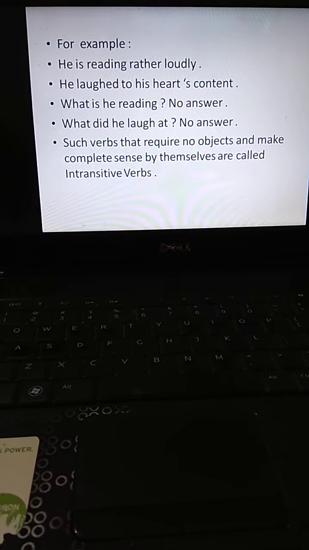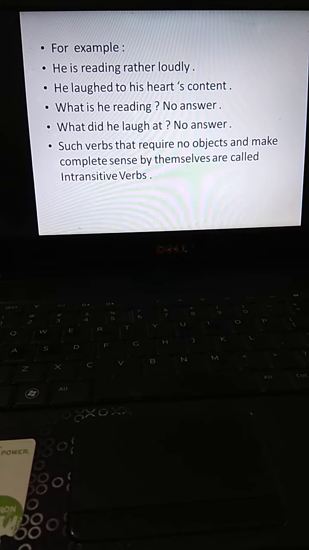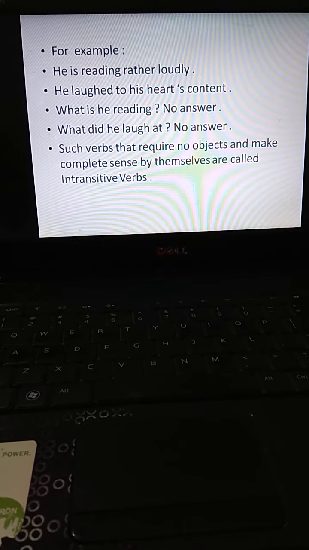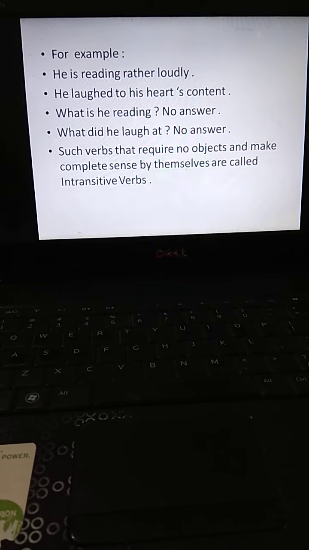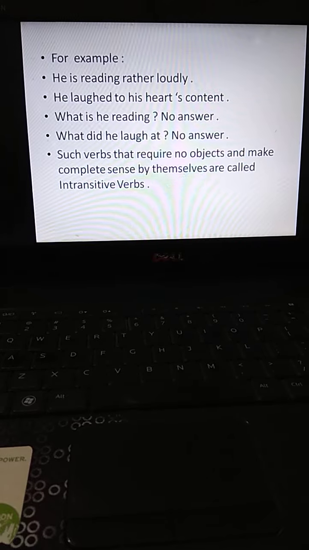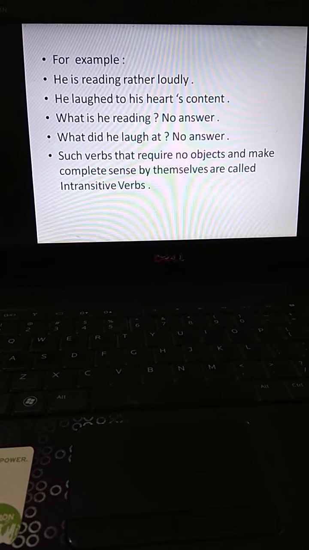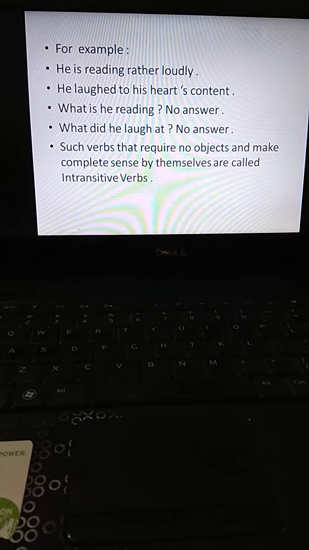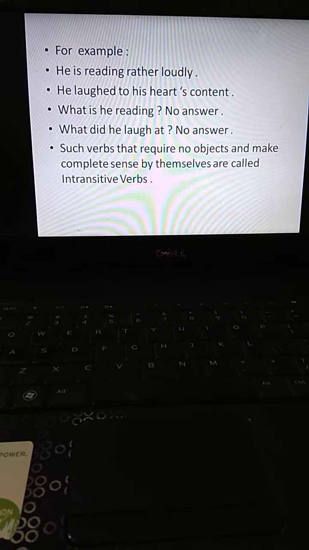Then, for example, he is reading rather loudly. He laughed to his heart's content. What is he reading? No answer. What did he laugh at? No answer.